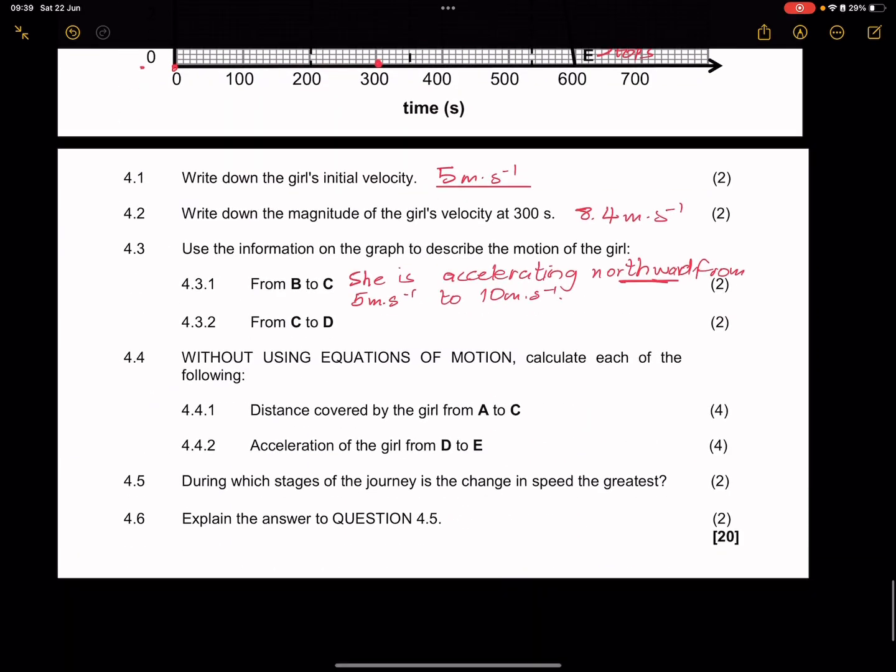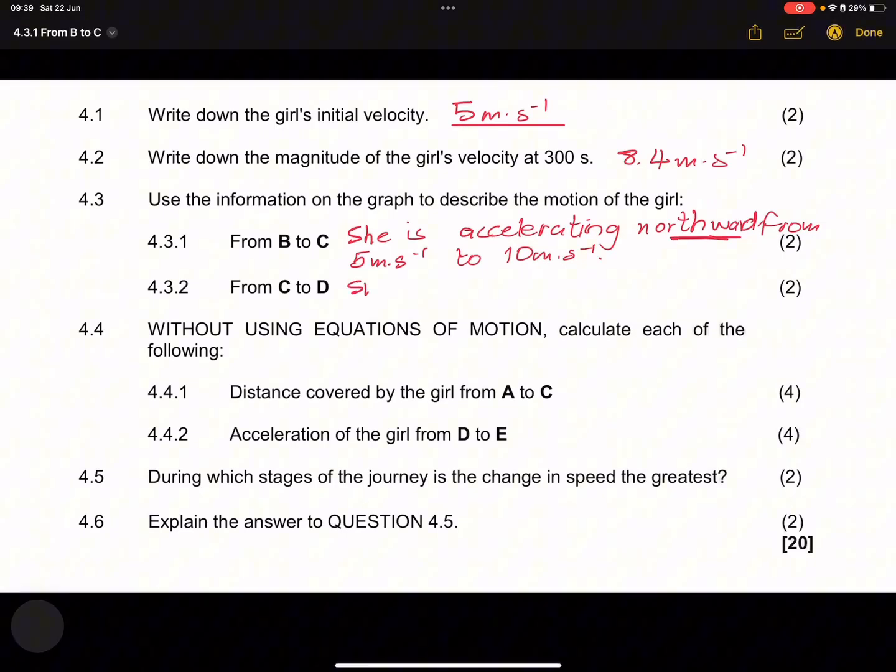So we can say that she is moving at a constant velocity of 10 meters per second. You don't need to necessarily specify. You can just state that she is moving at a constant speed or constant velocity.